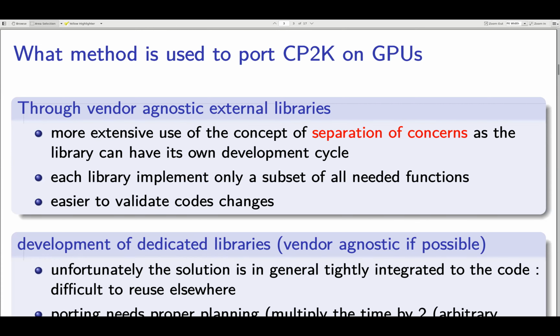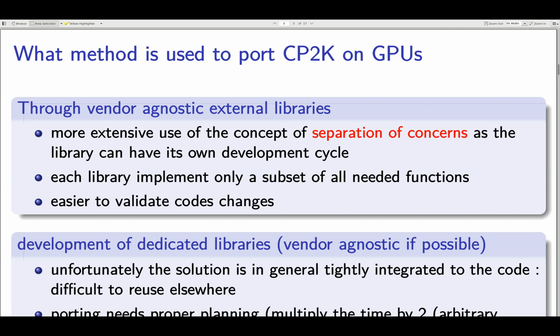A word about the method that we try to use to port CP2K on GPU. The effort we do, at least at CSCS, is to try to provide external libraries that are vendor agnostic. In order to do that, we use the concept of separation of concerns, as the library can have its own development cycle.